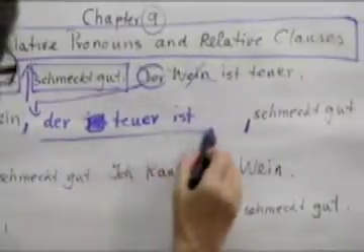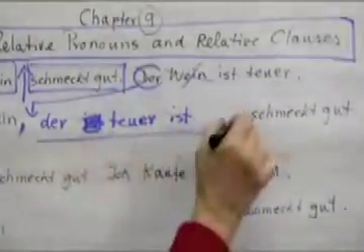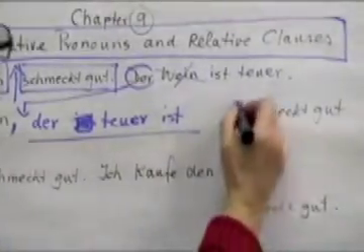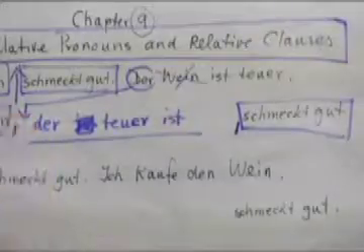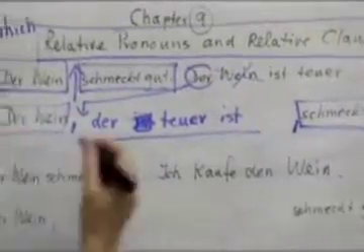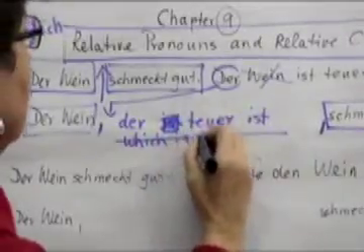This is our relative clause now. The verb has to be at the end of the relative clause. Then we have a comma, and then we continue the rest of our original sentence. And how does that translate? The wine, which is expensive.